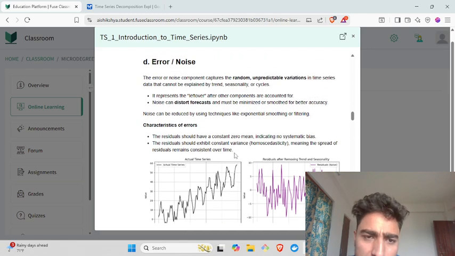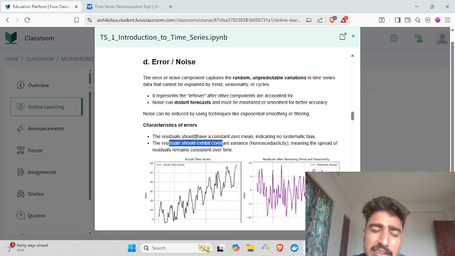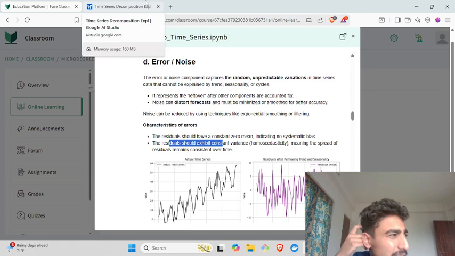And here the residual should exhibit constant variance. This is the characteristic of error. The mean should be constant, and the residual is what we call white noise, or white error or something like that.